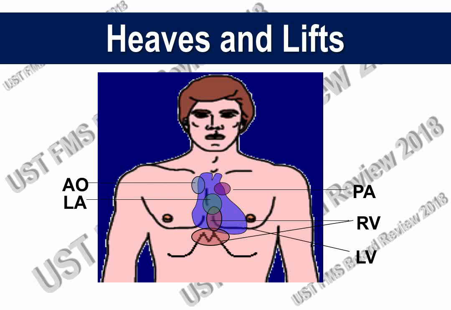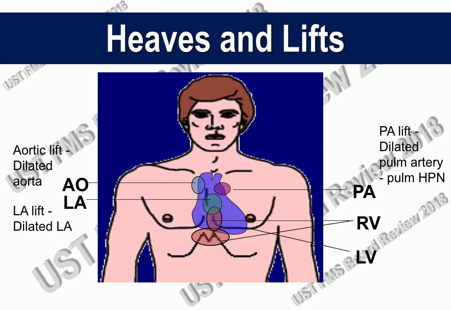So when you feel a lift at the aortic area, this reflects a dilated aorta, which you can commonly see in hypertensive patients and sometimes in patients with an aortic aneurysm. An LA lift seen or felt at the third left intercostal space reflects also a dilated left atrium, while a PA lift on the opposite side, the second left intercostal space parasternal area, is secondary to a dilated pulmonary artery, which you see in pulmonary hypertension.